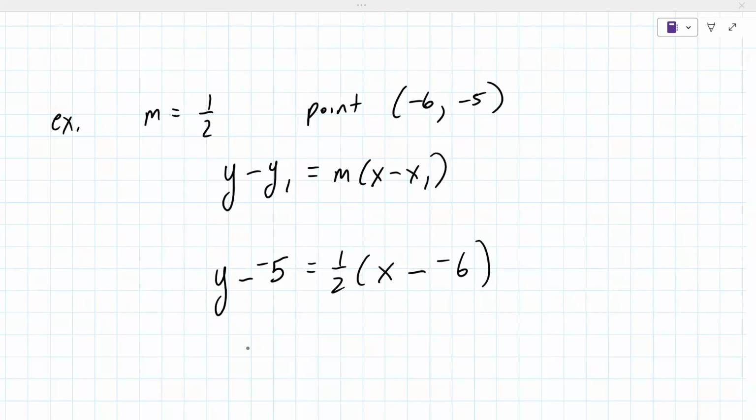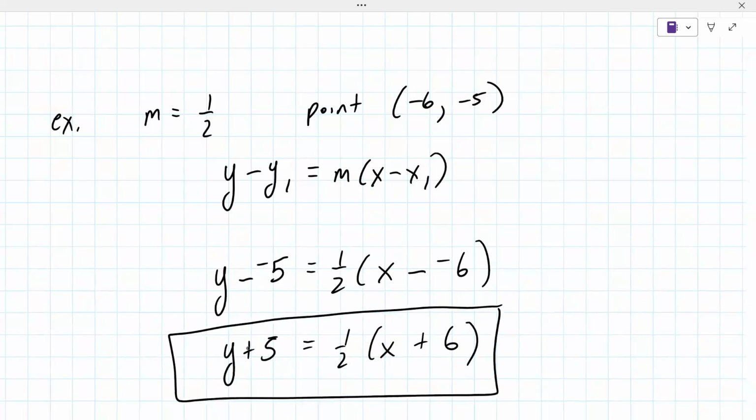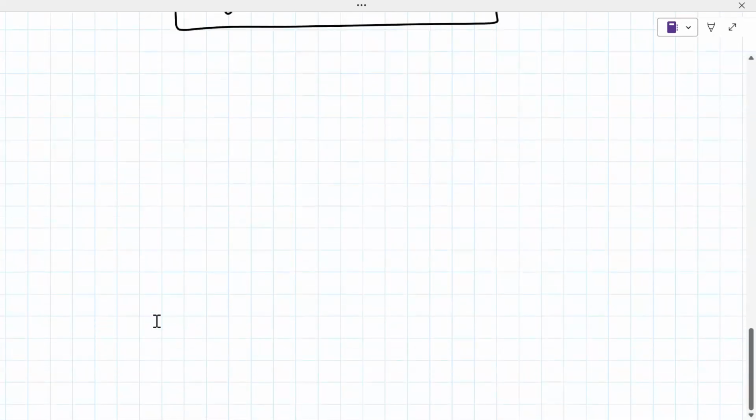So the double negative becomes y plus 5 equals 1/2 times x plus 6. So 3 examples, you're done here. The only simplifying you have to do is that double negative, if that exists. Okay, so let me give you one to try here.